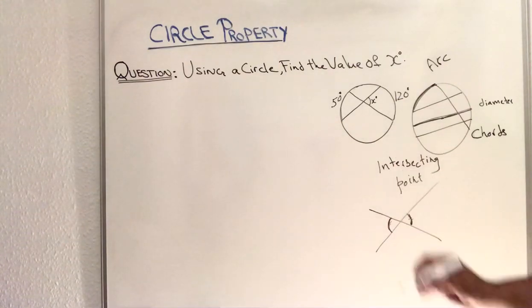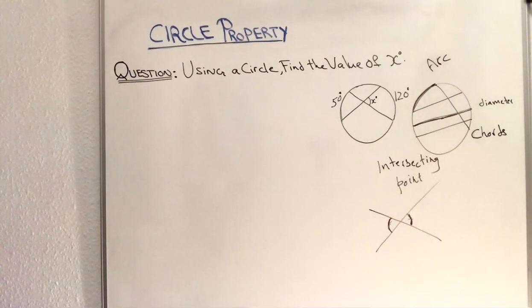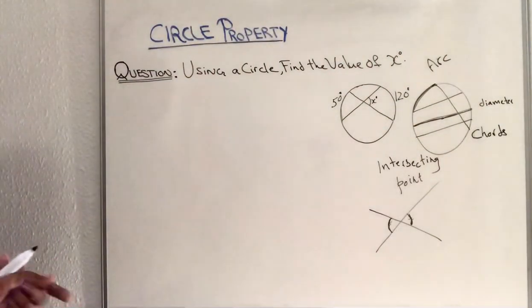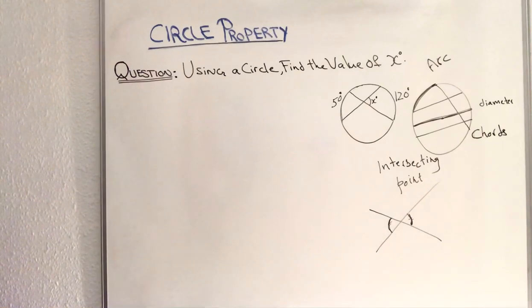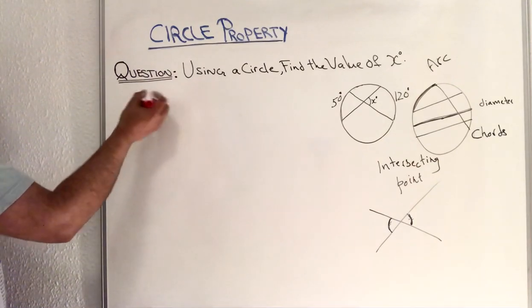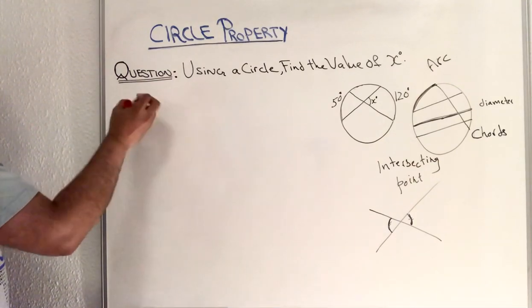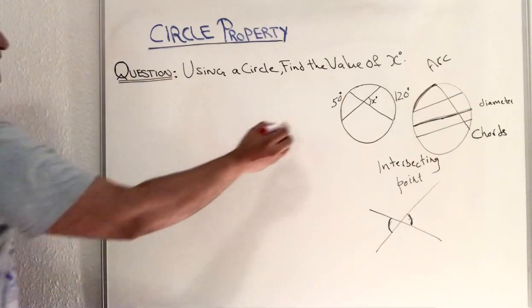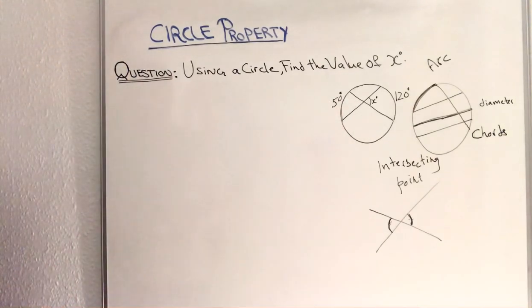Before finding that one, there is a property we have to remember in our mind, and then I can write it down, the property of the circle, because that's the intersecting point in here.